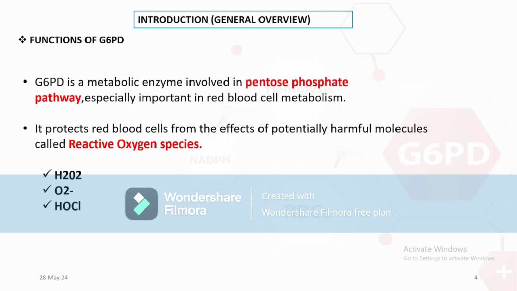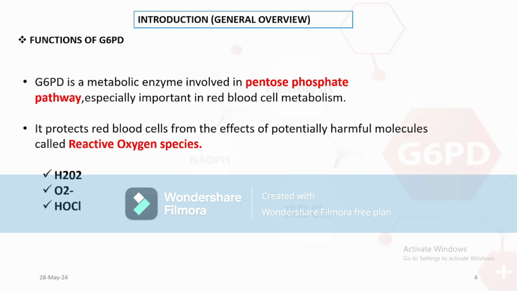So for now, what I want you to put in mind is that glucose-6-phosphate dehydrogenase is a metabolic enzyme which is involved in the pentose phosphate pathway. And I said I am going to elaborate more on the pentose phosphate pathway.